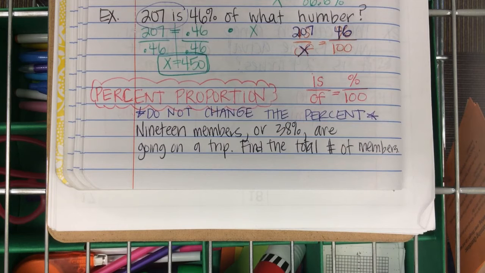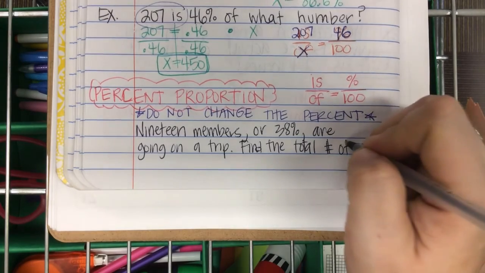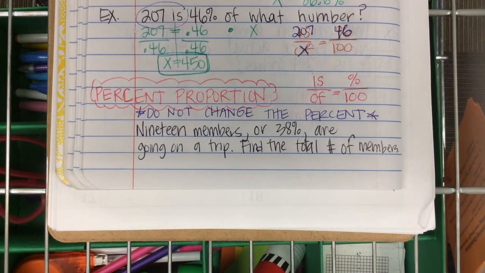Find the total number of members." Now this is kind of hard because it doesn't have is and it doesn't have of. Right? Unless you see them and I don't. There's an of down here, but it's not with a number, right?